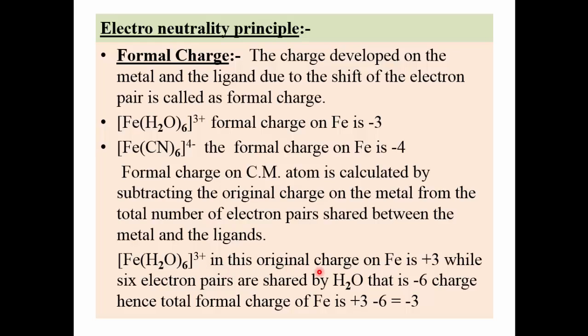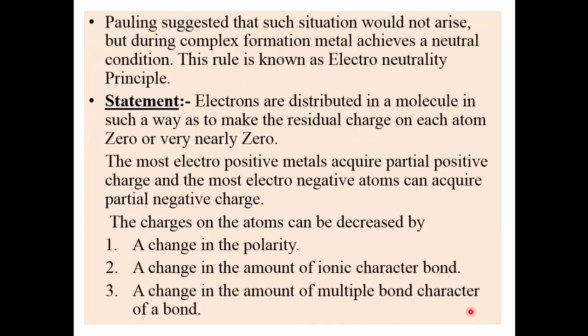In this, the original charge on Fe is +3, while 6 electron pairs are shared by H2O, that is -6 charge. Hence, the formal charge on Fe is +3 -6, it is -3. Okay, but as there is a formation of negative charge on the metal atom, that means the complex becomes unstable. This is called an unsuitable or unstable situation.